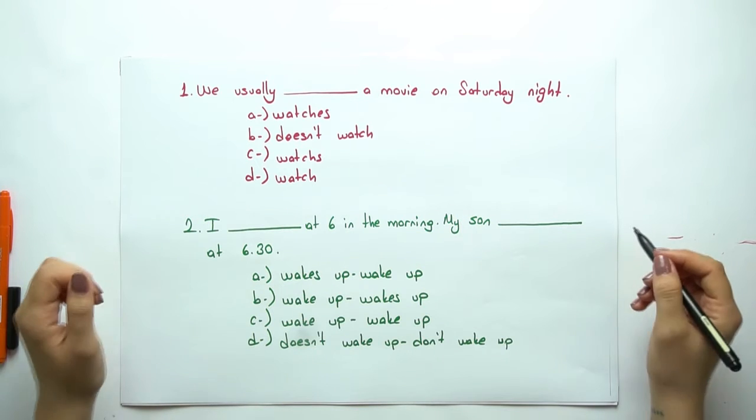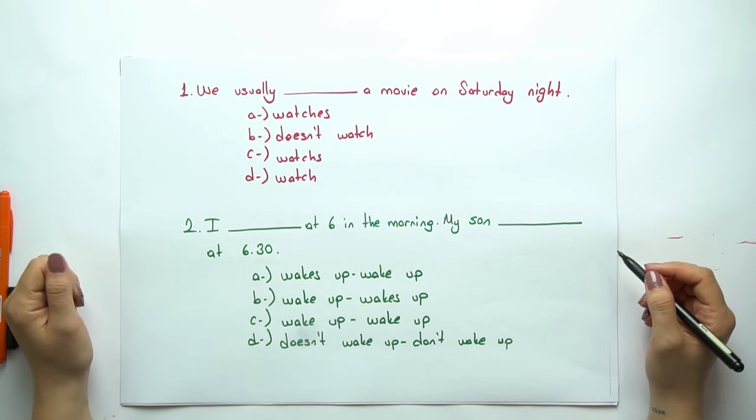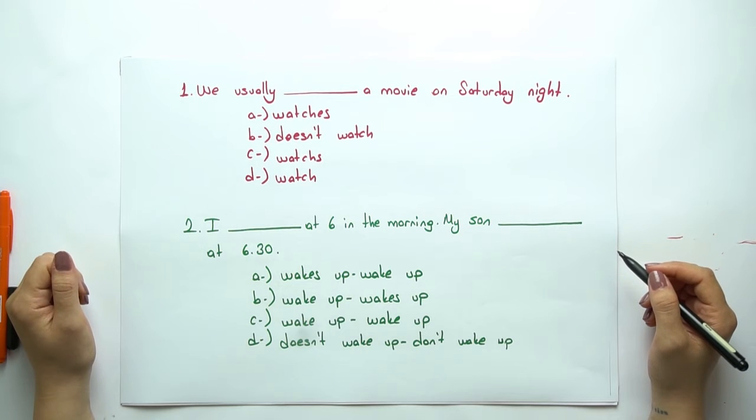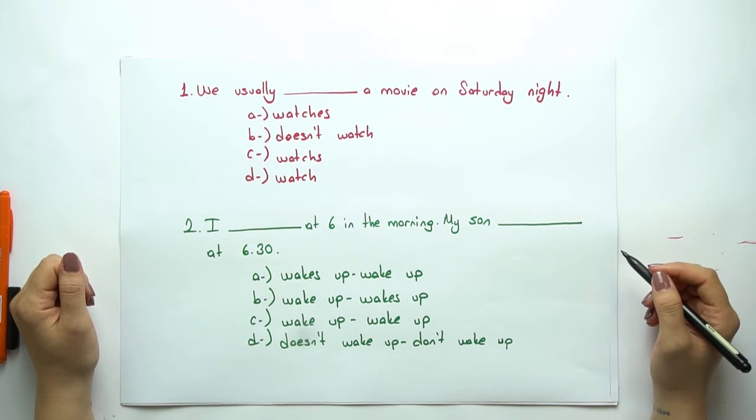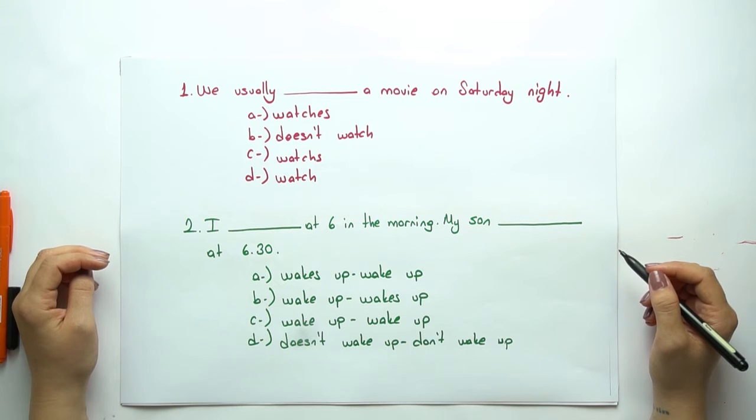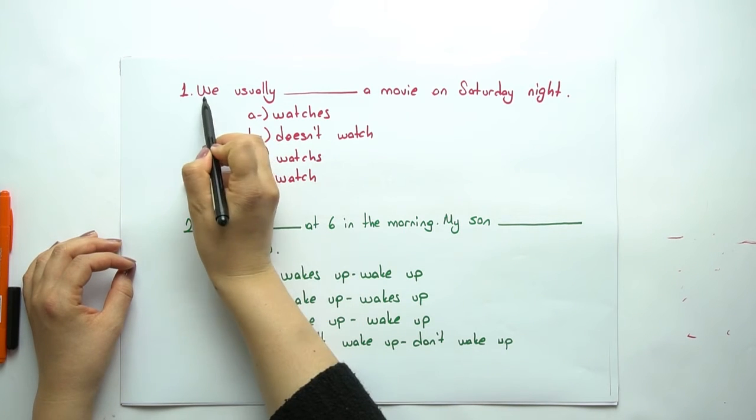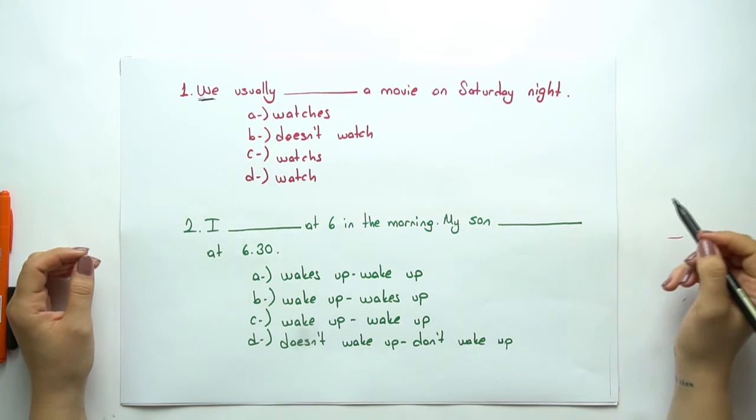Let's continue. Now, we will look at the questions and we will try to choose the correct option for each sentence. First one, we usually blah blah a movie on Saturday nights. So, what we need to do here is to look at the subject. The subject is we.